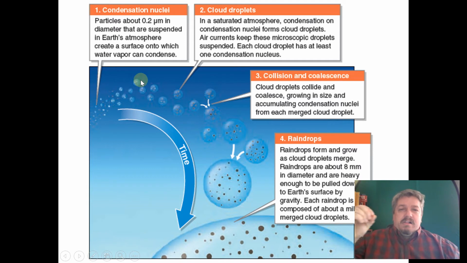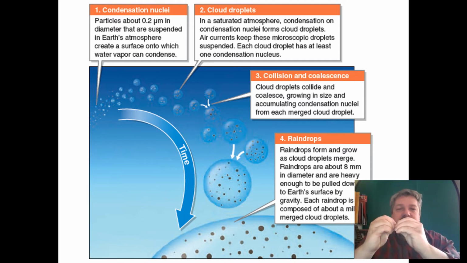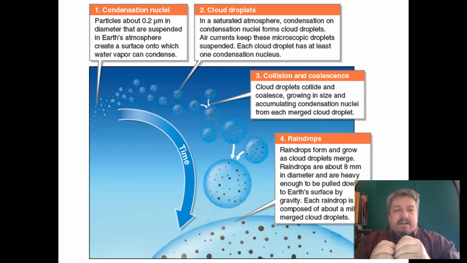So one particle of dust floats by, and a droplet of water sticks to it. And it floats by, and now it hits another drop of water, and it sticks to either that water or that dust. And so now more and more water is sticking to that dust. And so that's the condensation nuclei, and it grows. And maybe it hits another condensation nuclei, and they stick together, right?